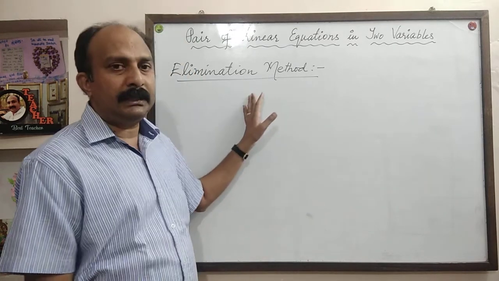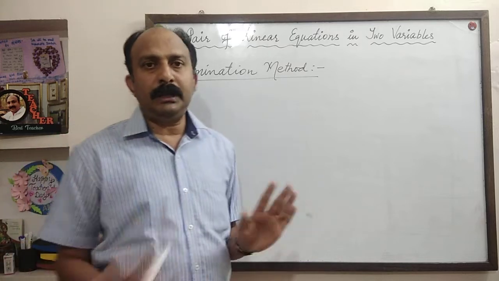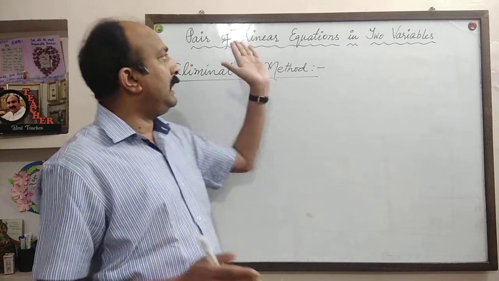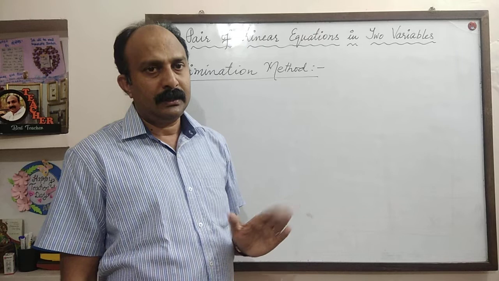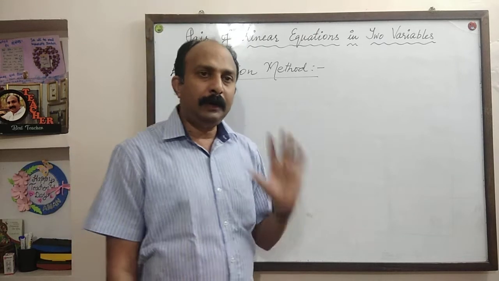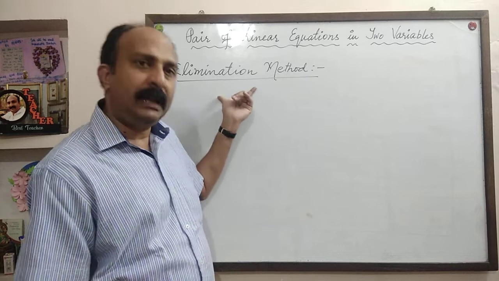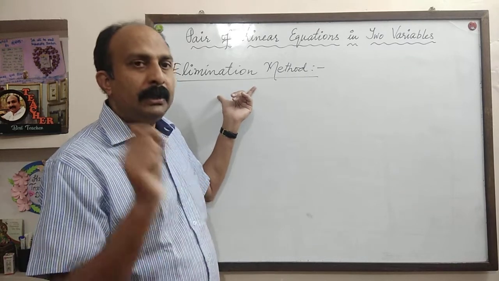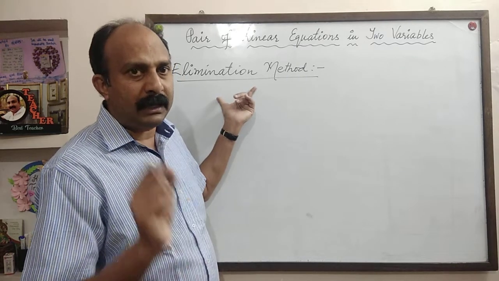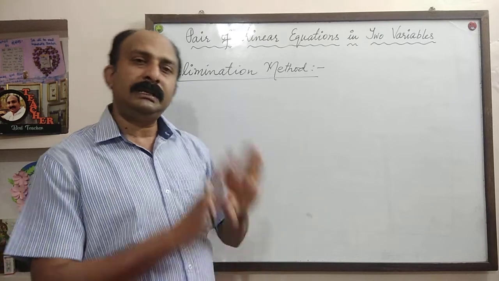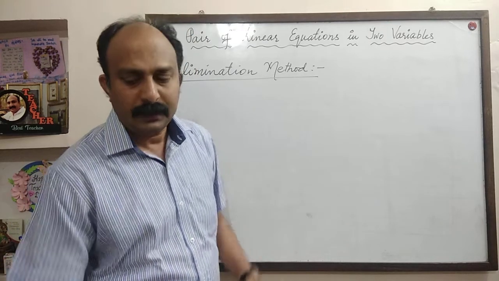This elimination method is the most commonly used method for solving a pair of linear equations. So whenever you do the word problems of pair of linear equations, you go for elimination method, because you will come to know at the end of the chapter that elimination method is the easiest method.